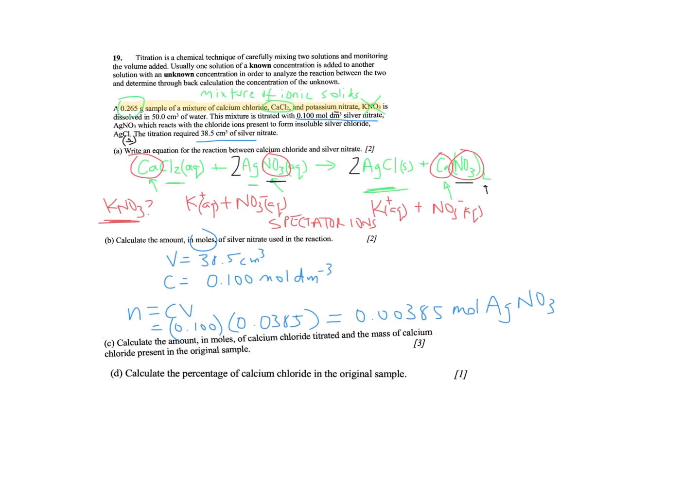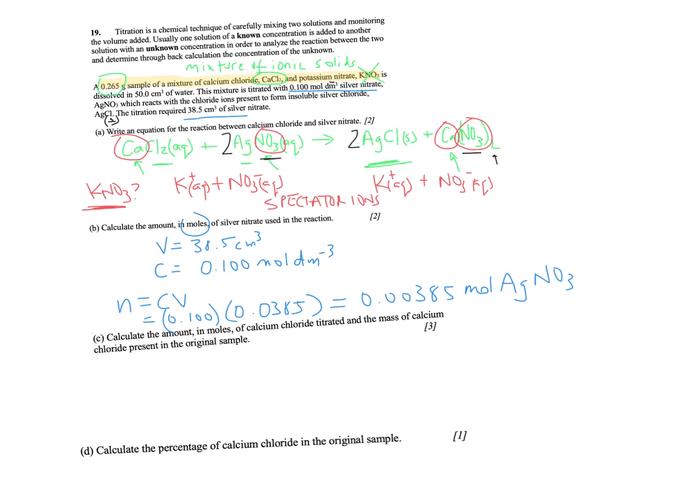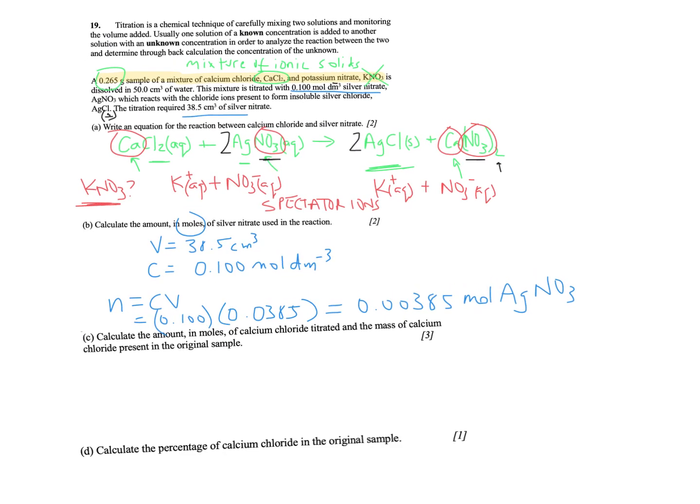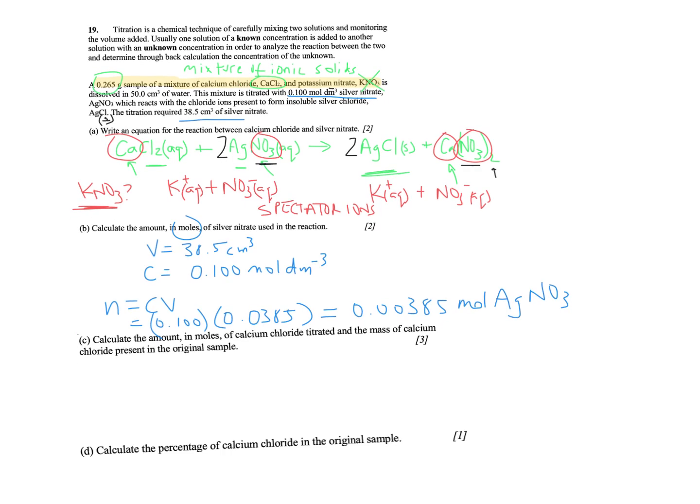All right, let's try and make a little bit more space here for the next part. Whoops, I'm making a bit of a mess of this, but trying to figure out how to use this. Calculate the amount in moles of calcium chloride titrated and the mass of calcium chloride present in the original sample.